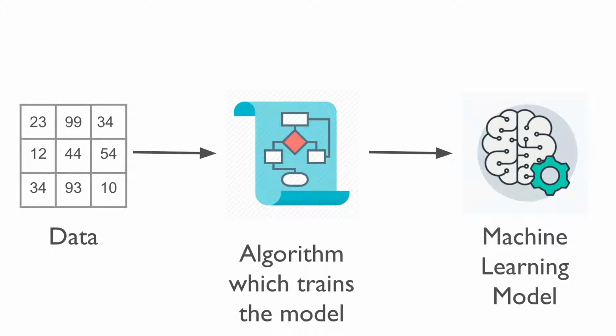We feed this table of data to an algorithm which creates the model. In other words, the model is trained using this tabular data. And once the model is ready, the model can be used to predict the label given the features of an instance.